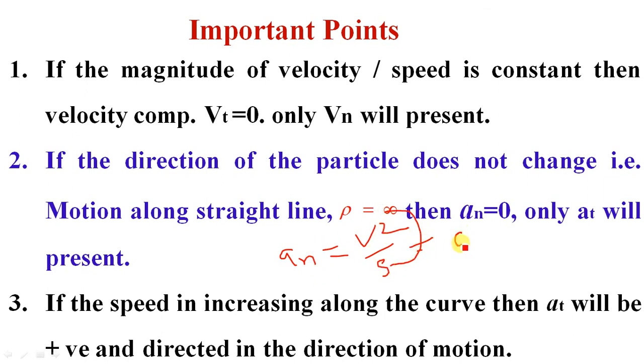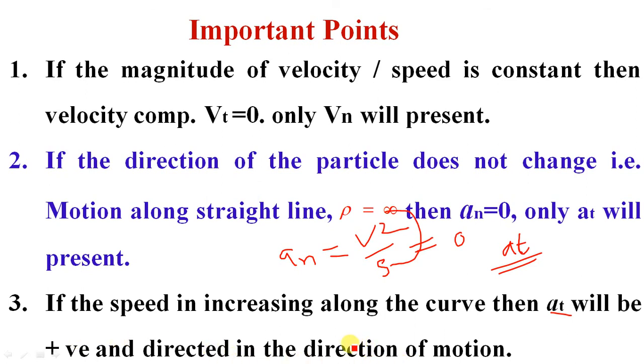In that case an becomes 0. So for a straight road an is always 0, so there is only one component, that is at, and in that case this equation is transformed into rectilinear motion, that is motion along a straight path, when rho is infinity.